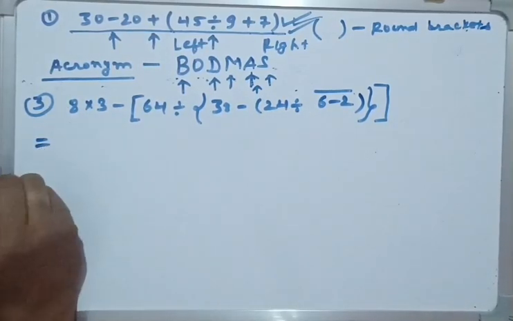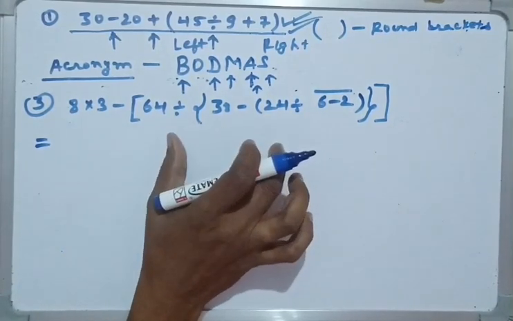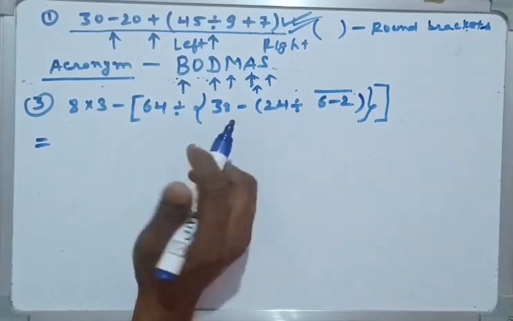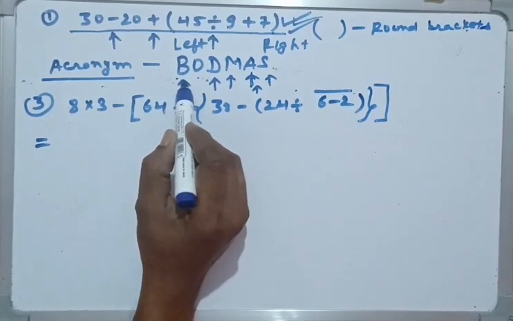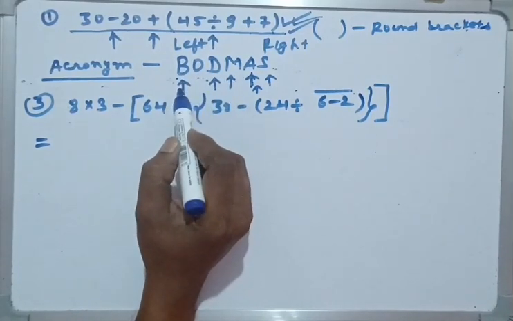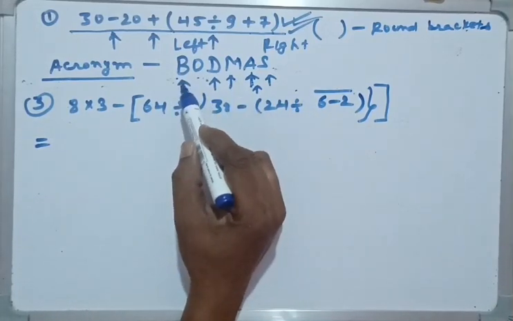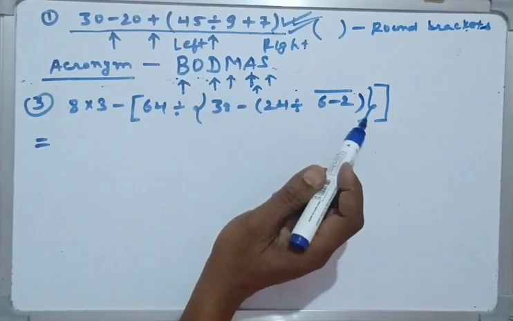See, next one. So we use here the concept of BODMAS. How? In this case, if you see this BODMAS, B also stands for bar, and it is also in first position. So you solve this one first.